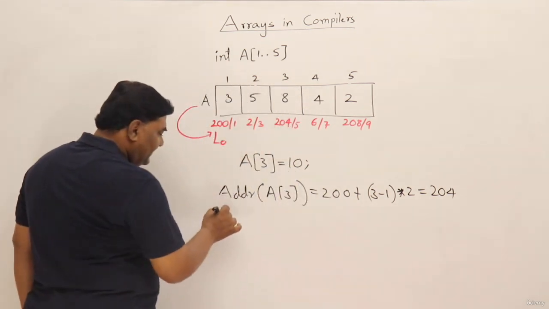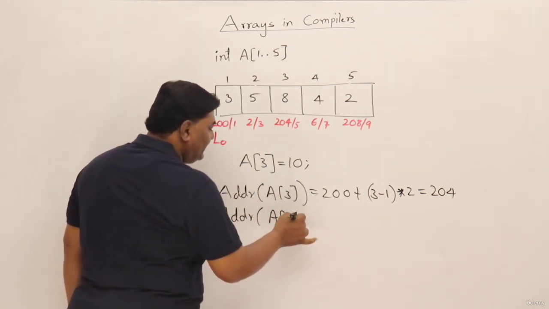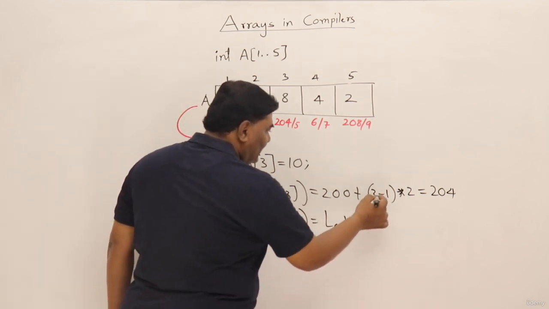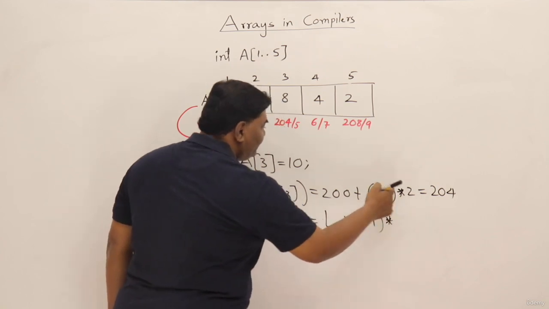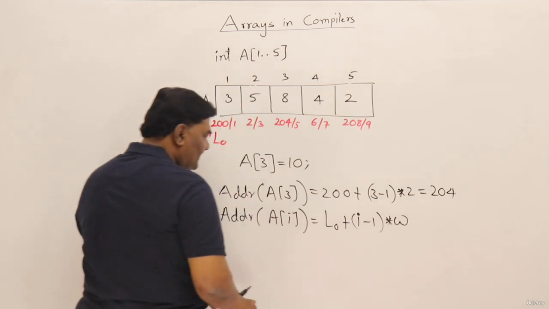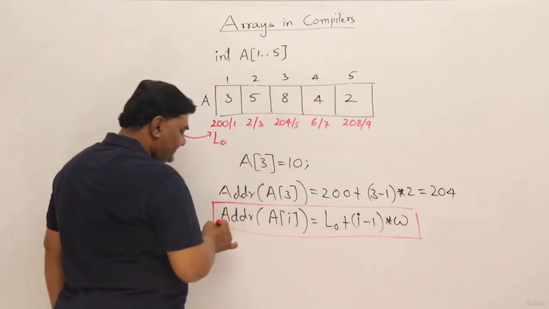So for any index, address of A of I is L0, this is location 0, plus (I minus 1) into W, where W is the word size, that is the data type size. So this is the formula if the indices are starting from 1 onwards.